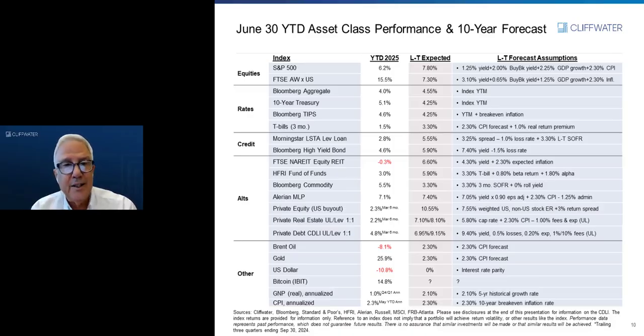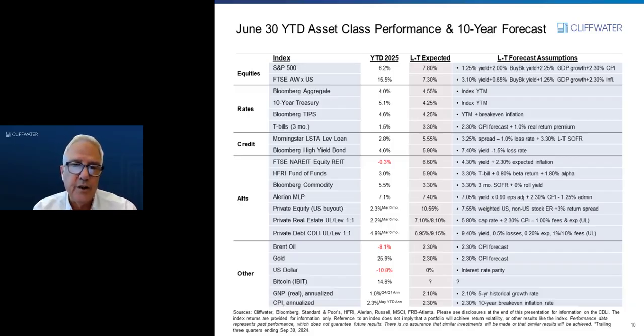If you look at rates, basically rates fell materially, about 0.5% so far this year, giving pretty good returns to fixed income.